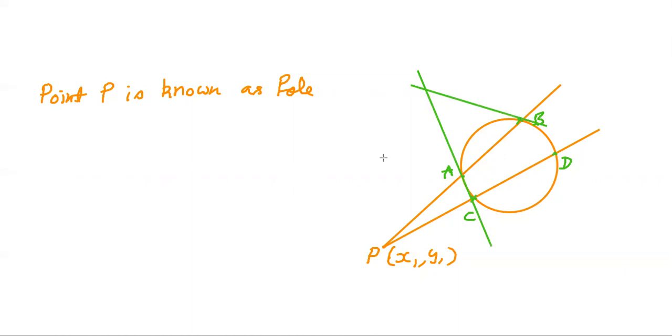The same thing I can perform for the point C. I also draw the tangent at the point C. And similarly, I can draw the tangent at point D also.